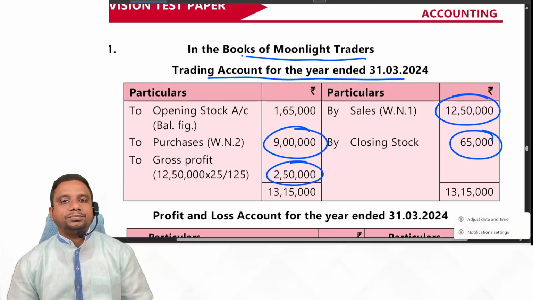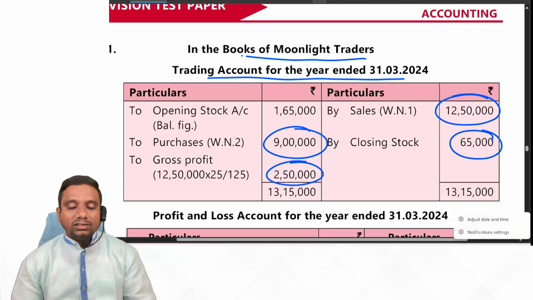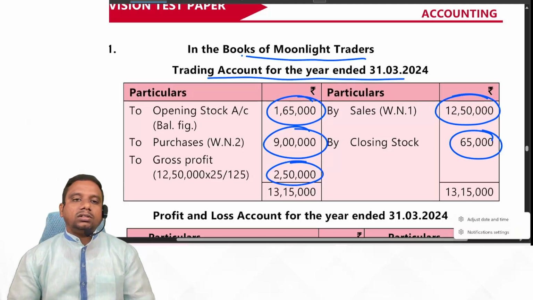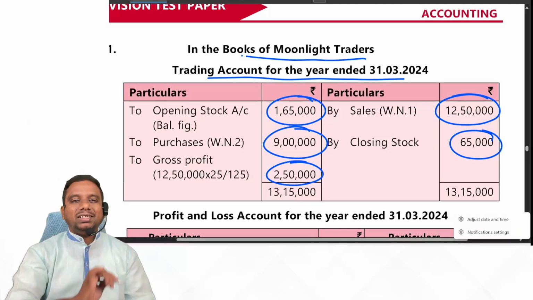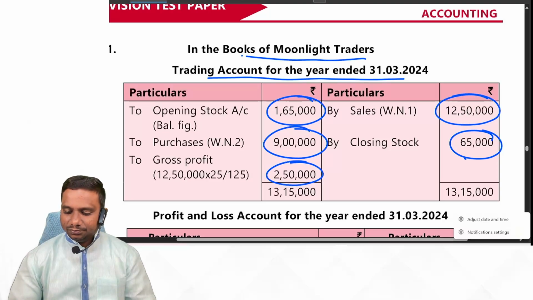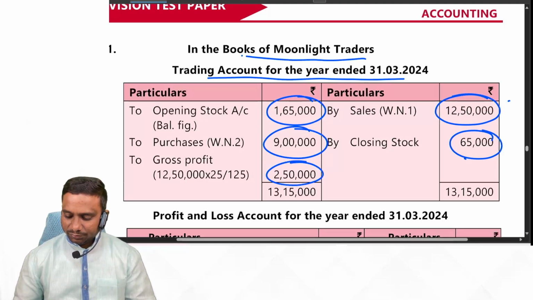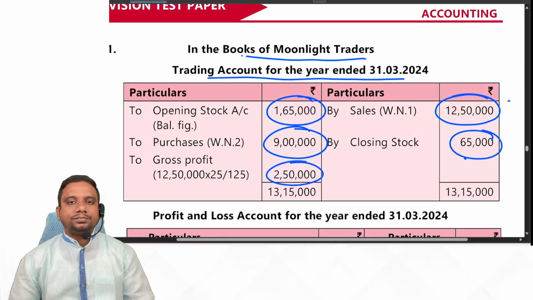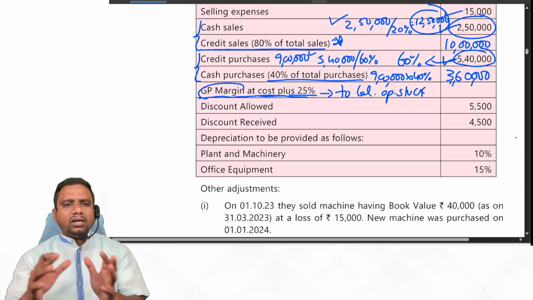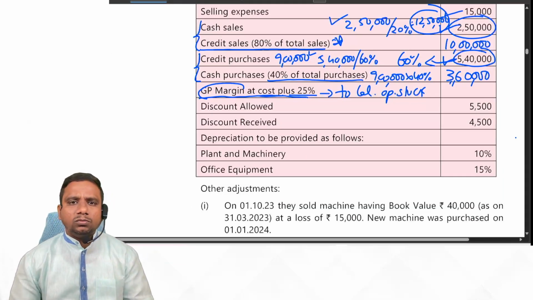The balancing figure is nothing but opening stock. This opening stock is shown on the assets side of the opening balance. Hope you understood this. Very, very logical. NPO problems and incomplete records problems are very logical.